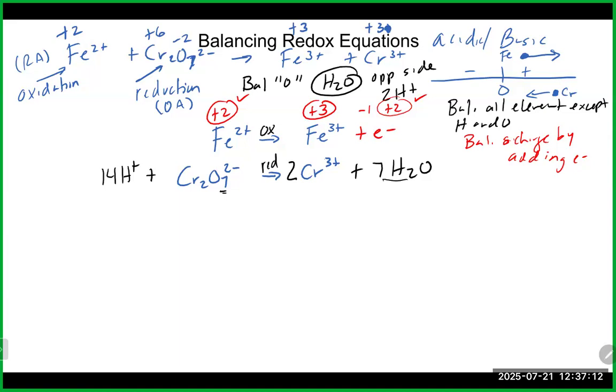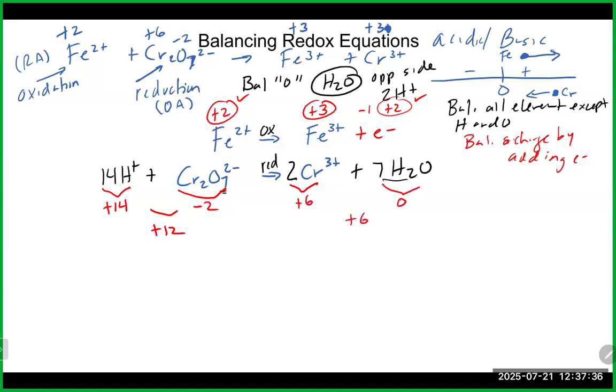When I look at the bottom one here, this guy is going to contribute +14. This entire thing is going to contribute -2. That gives me a grand total of +12 happening on the left-hand side of the arrow. On the right-hand side of the arrow, I got a +6 contributing there and a 0.